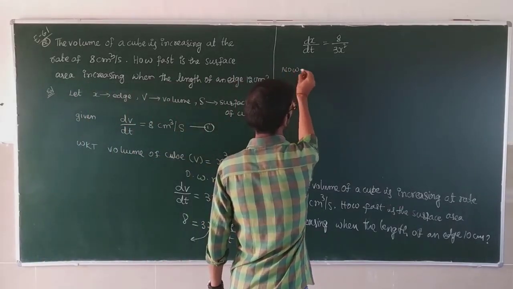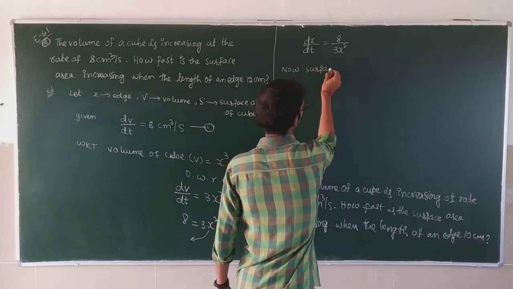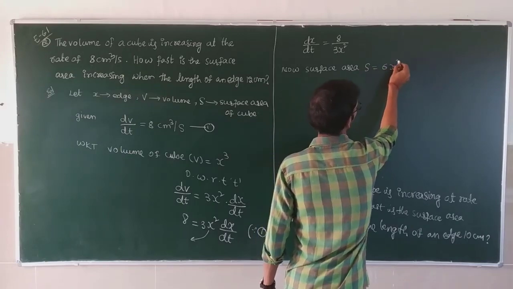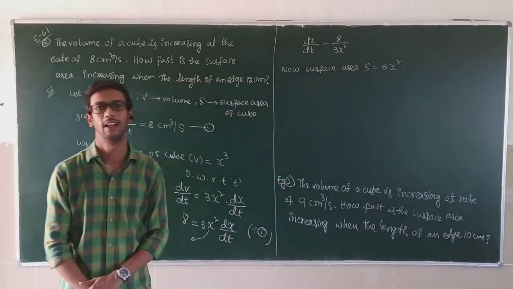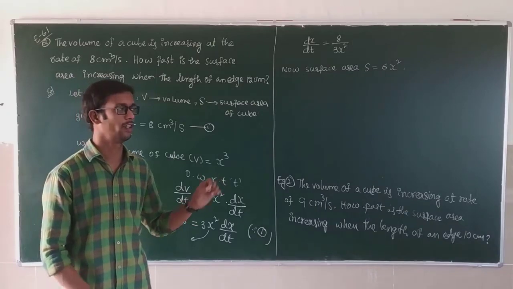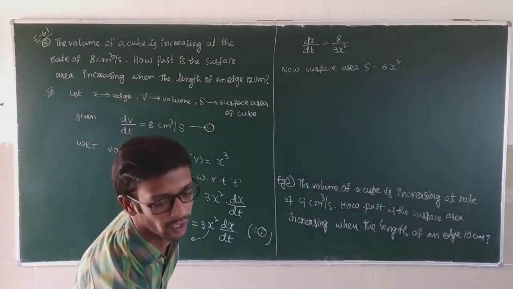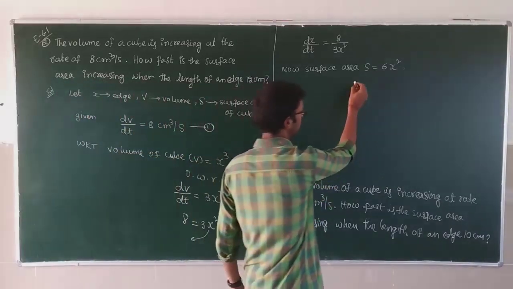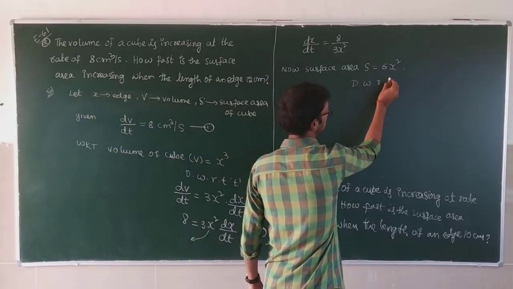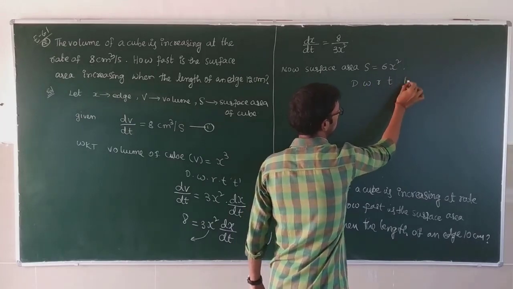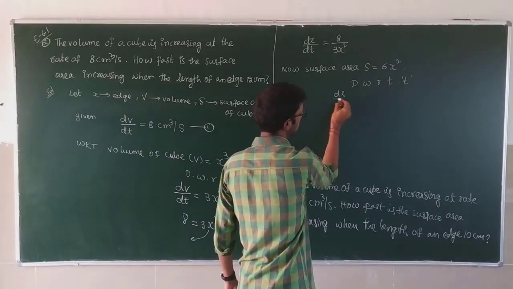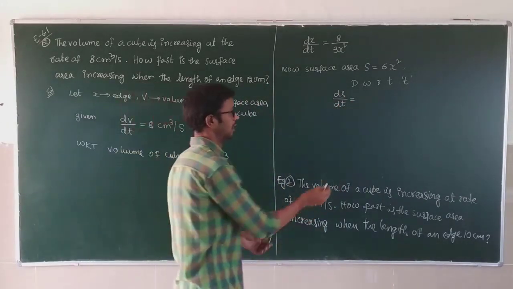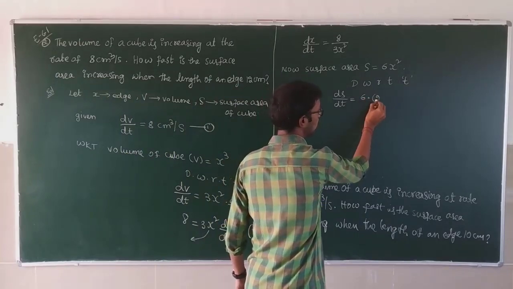Now surface area S is equal to 6x square. Surface area of the cube is 6x square. So now derivation with respect to t. dS by dt is equal to 6 into 2x.